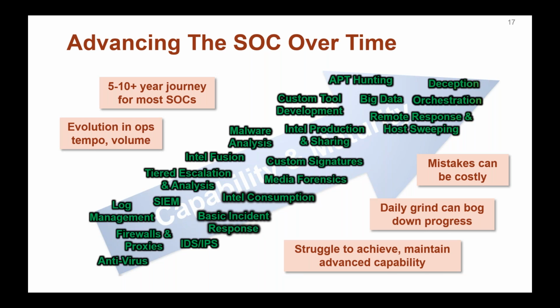As we ascend that capability and maturity ladder over time, we start talking about more advanced capabilities, like, say, doing your own malware analysis, producing your own cyber threat intelligence that you can share with others, meeting with other SOCs in related areas of business or industry, all the way to deception operations and orchestrating your response. Orchestration and deception are big buzzwords right now. I do apologize.